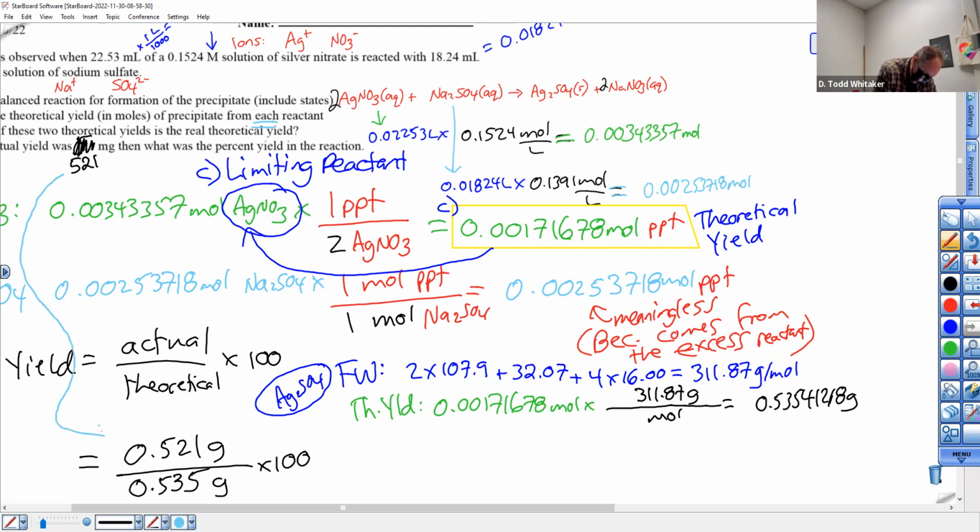It's correct. I said times 1 gram for every 1,000 milligrams, right? Yes, there's your division, but I don't like the way you said it. Don't take it personally. Everything's a conversion factor. That way you never have to say divide or multiply. It's always multiply by conversion factor. And we got 0.521. And it's a good yield.